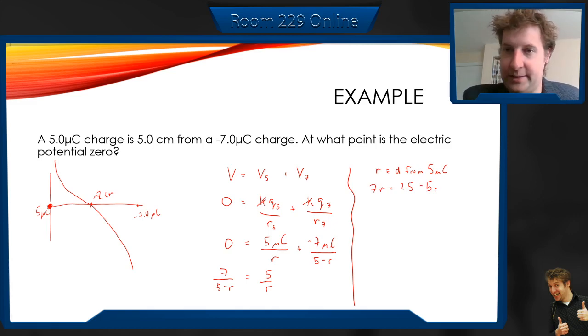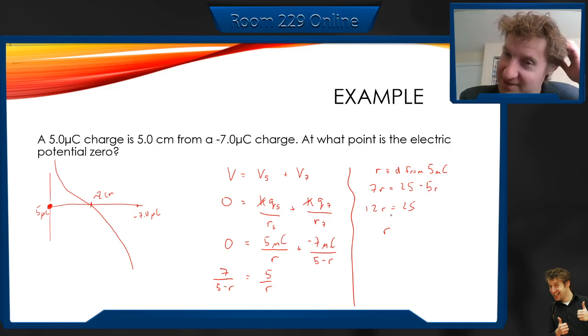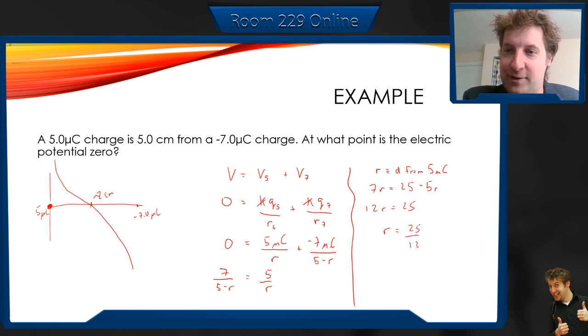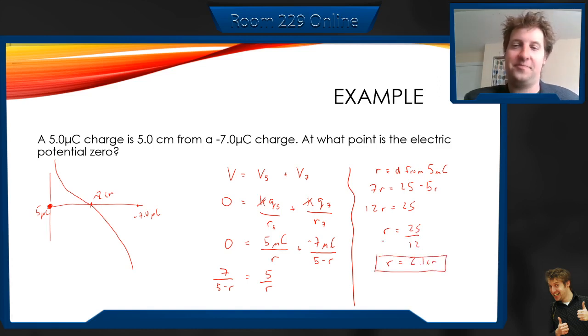And then that means 12r is equal to 25. Yeah, sorry, 12. And then r is going to be 25 over 12, which is, oh, look at that, about 2.1 centimeters, which is what we estimated. All right?